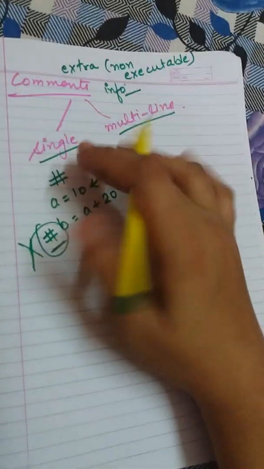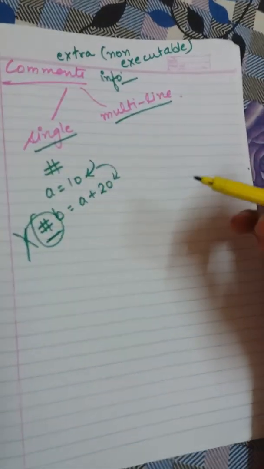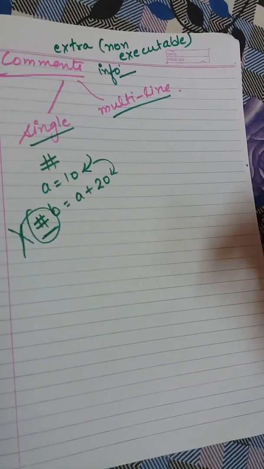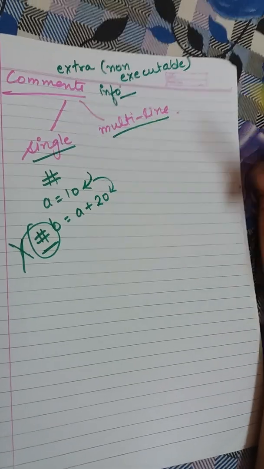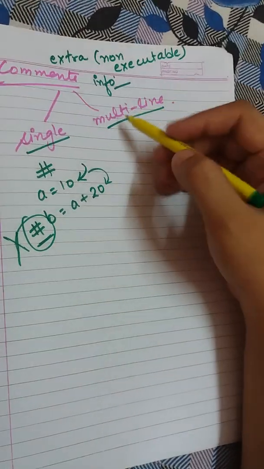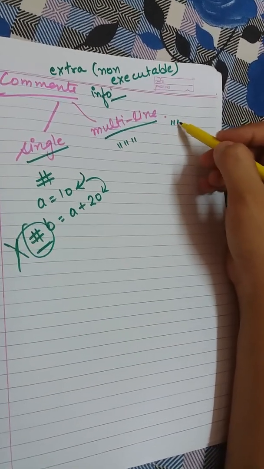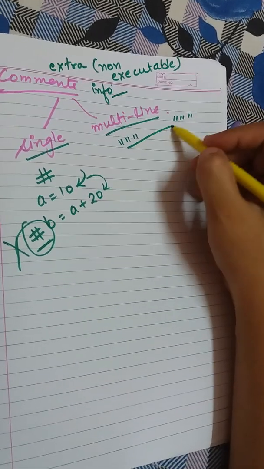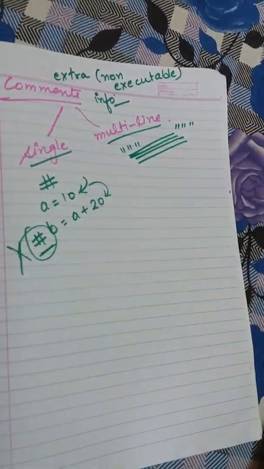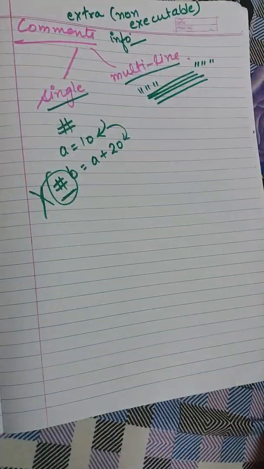Alright, so single line comments can be added, but if you want to write some kind of detailed information, then you have to use this multi-line format. In this multi-line you have to use 3 times double quotes at the start and then at the end, and in between you can write as much information as you want. So this was all about your comments.